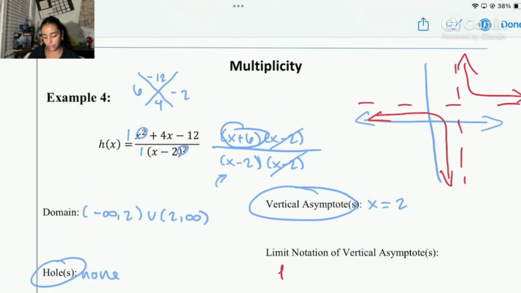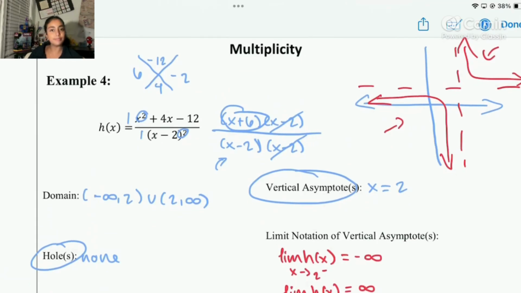And you can write the limit of h of x as x approaches 2 from the left, so this one right here, is -infinity. And the limit of h of x as x approaches 2 from the right, which is that one right there, is positive infinity.